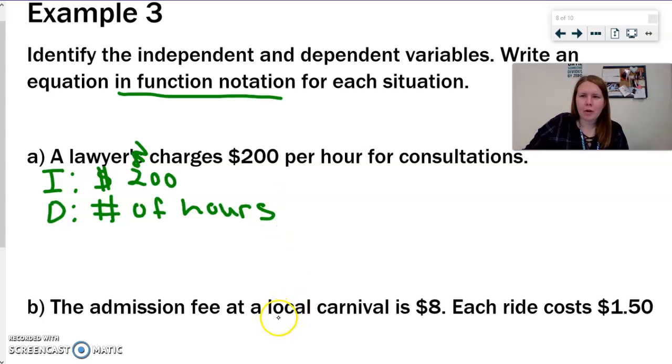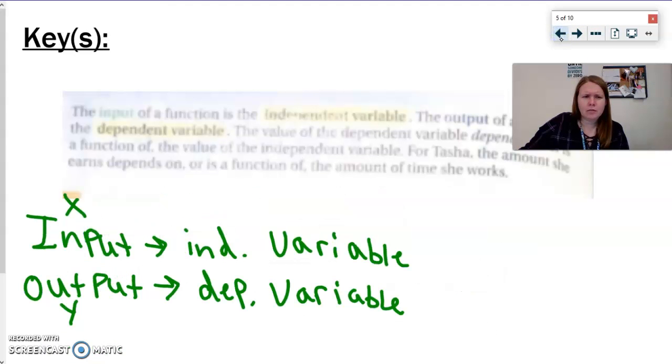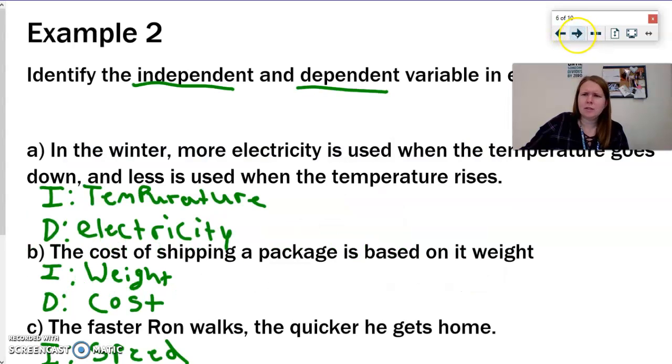So how many hours are they doing? If I want to create an equation for this, instead of y, I'm going to put f of x. And then I'm going to think, okay, we have a variable x. What's going to show me that they're charging $200 per hour? Because my dependent variable is my x. That seems weird. Let me check. That's what they said, right? Yep, my output's my dependent variable.